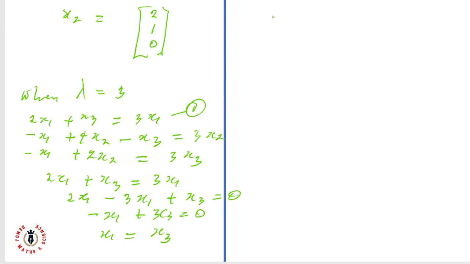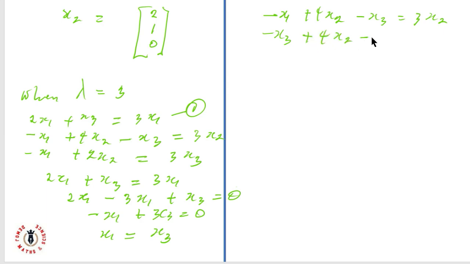Let's derive a relationship for it from our second equation. The second equation says minus x1 plus 4x2 minus x3 is equal to 3x2. So if x1 is equal to x3, in the place of x1, I can easily replace it with x3. This becomes negative x3 plus 4x2.